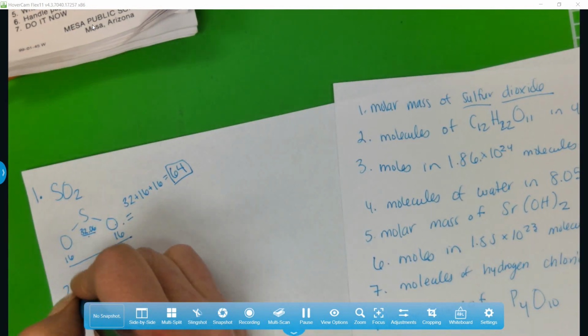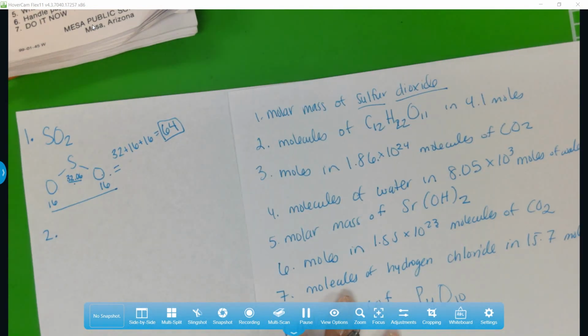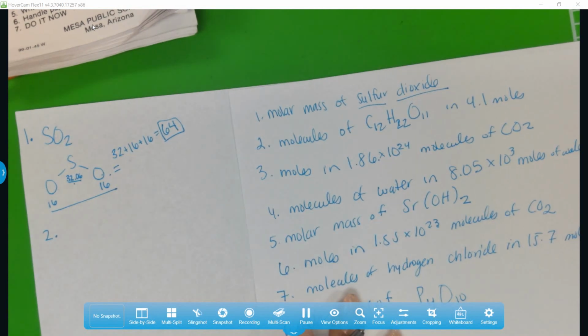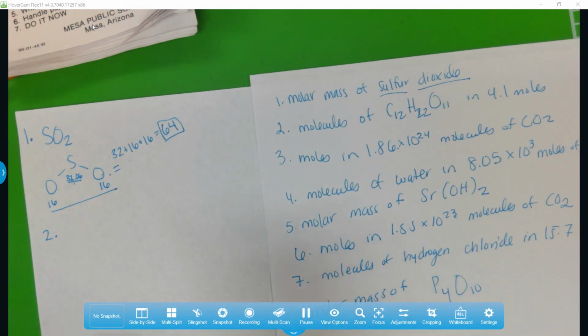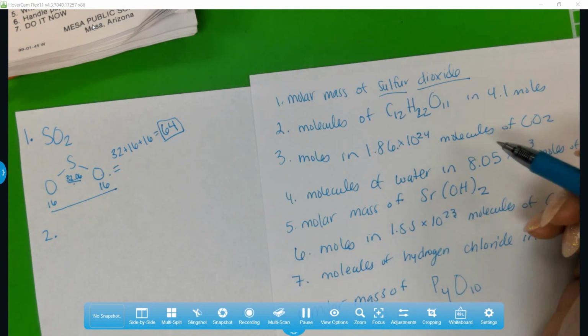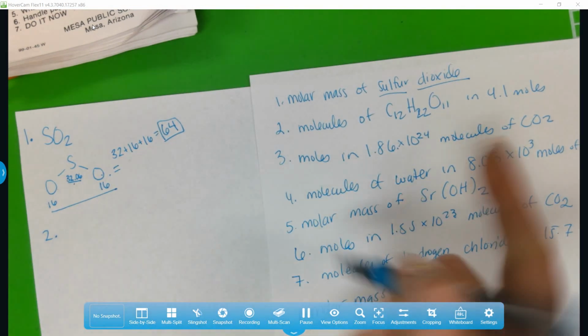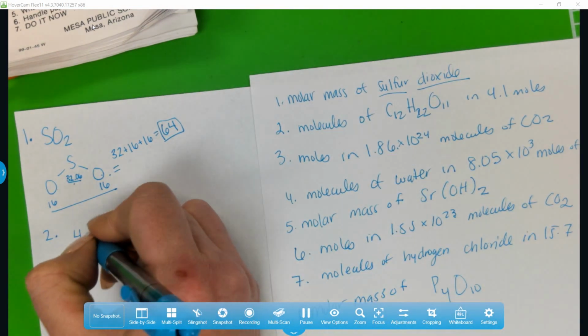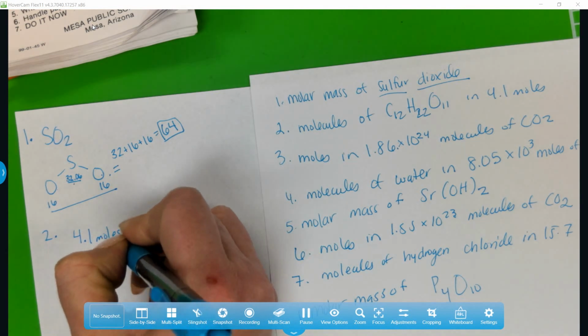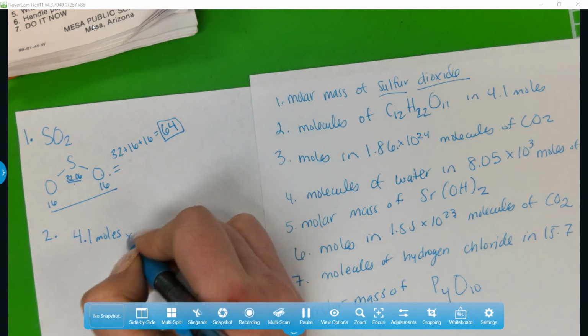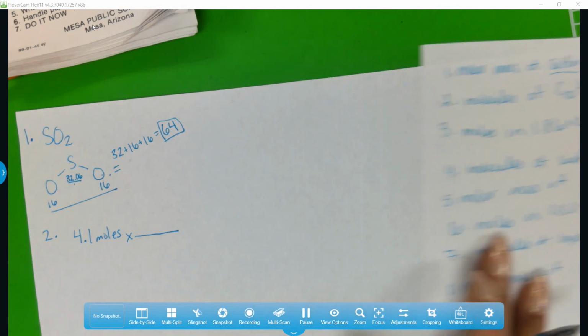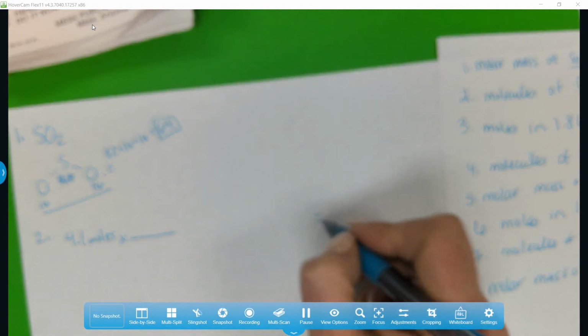For number 2, where it says the molecules of sucrose in 4.1 moles, the way that I do this is I always am going to start with the number they give me. So if they give me 4.1 moles, I'm going to write that first. And then I'm going to write like multiplications with lines, going over until I get to what I want.